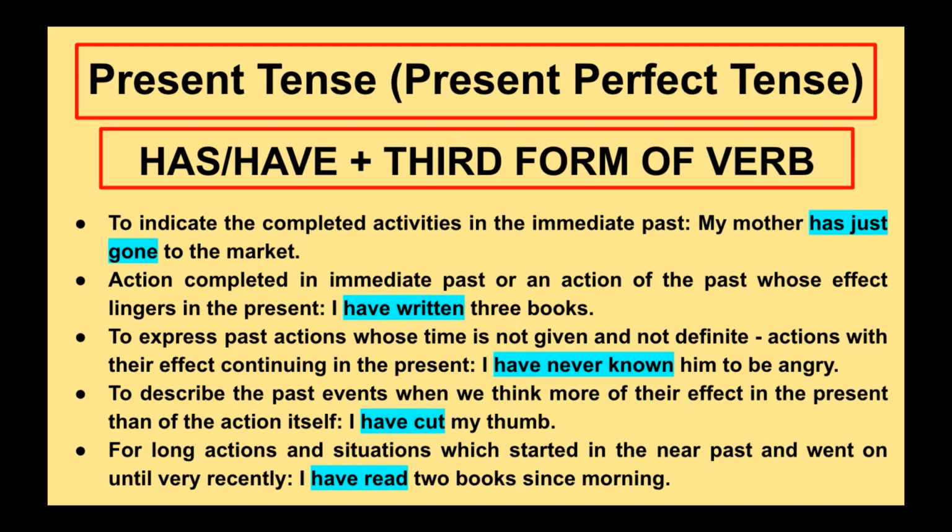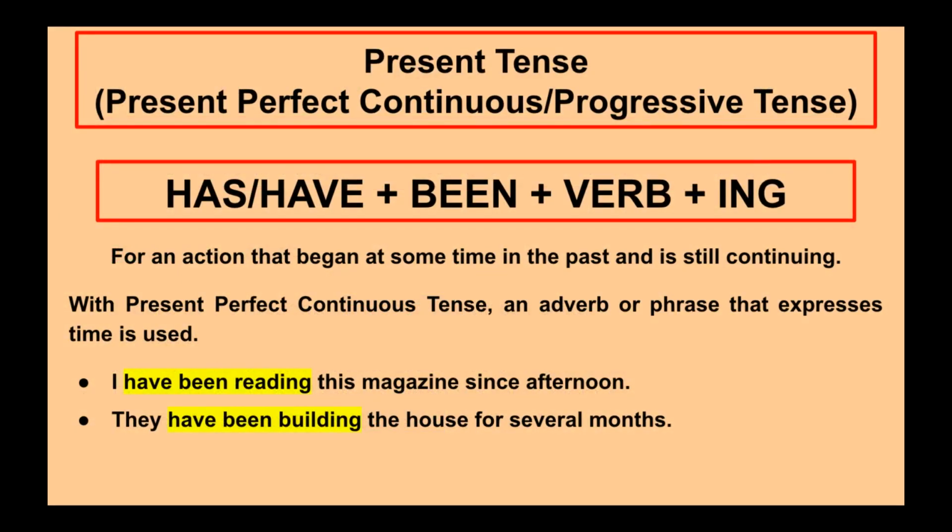Now let us talk about present perfect continuous or progressive tense. The rule is has or have plus been plus verb plus ing. Present perfect continuous tense is used for an action that began at some time in the past and is still continuing.